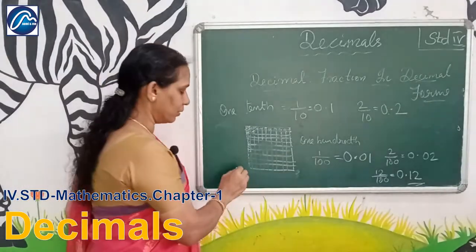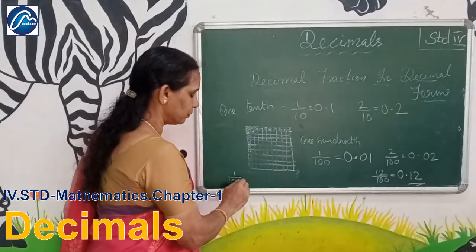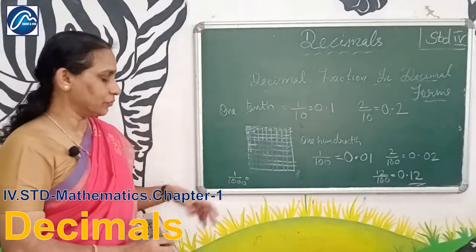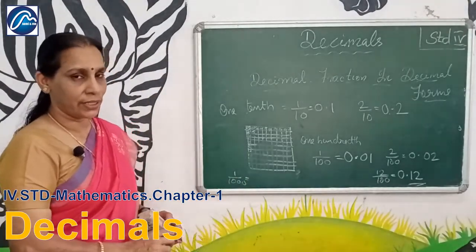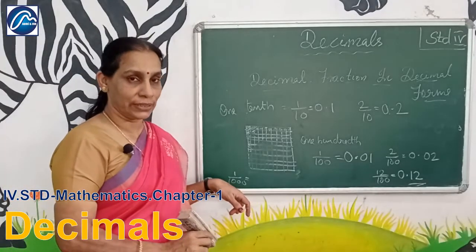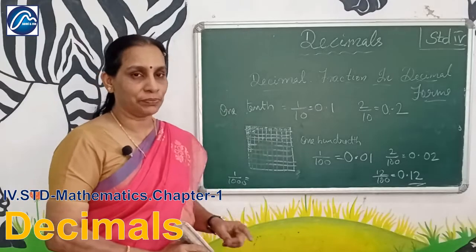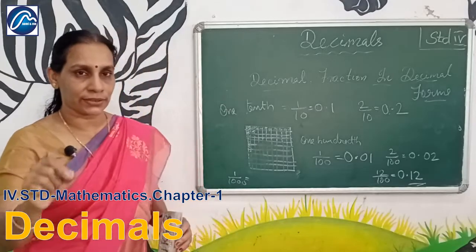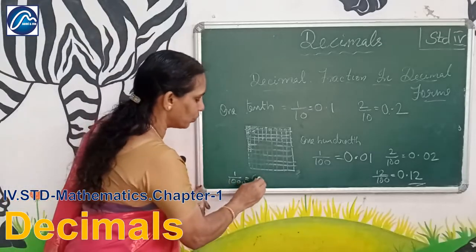The last one, 1 by 1000. Suppose it is 1 by 1000, how will you write it? We know how many zeros are in the denominator; that many places should be after the decimal. So 3 digits after the decimal. So 0.